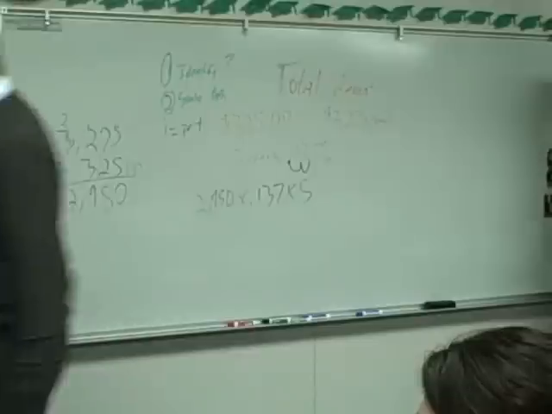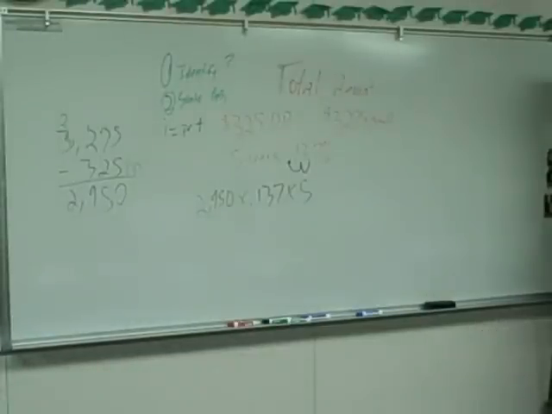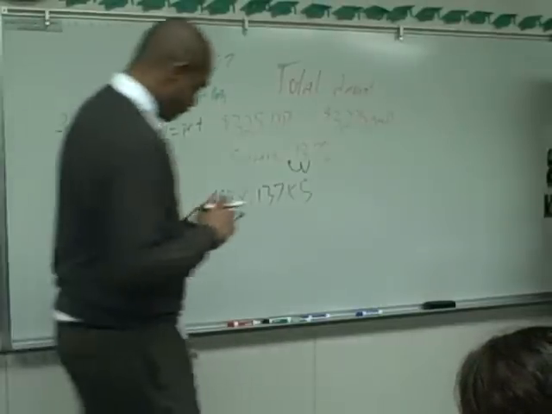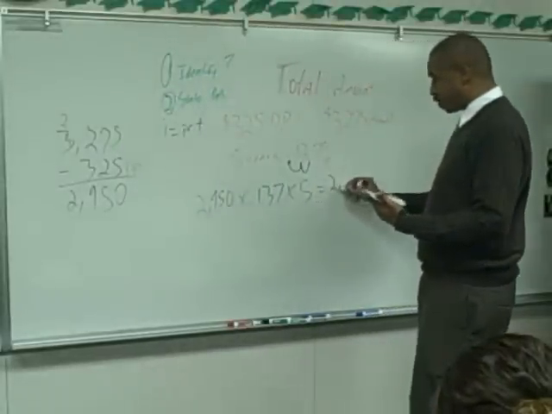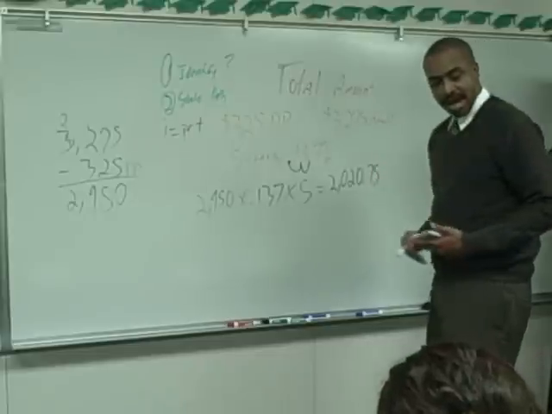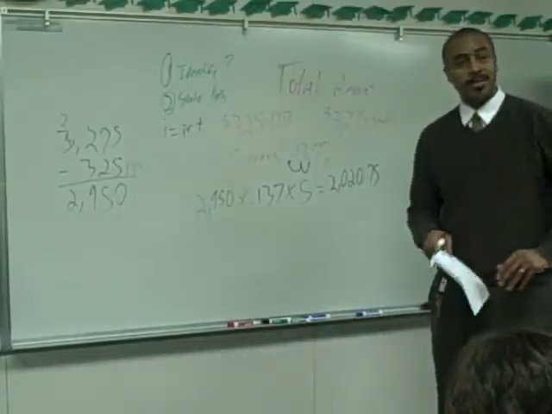So then what we have is 2,950 times 0.137 times the 5 years. So the total amount of interest he's going to pay is $2,020.75.